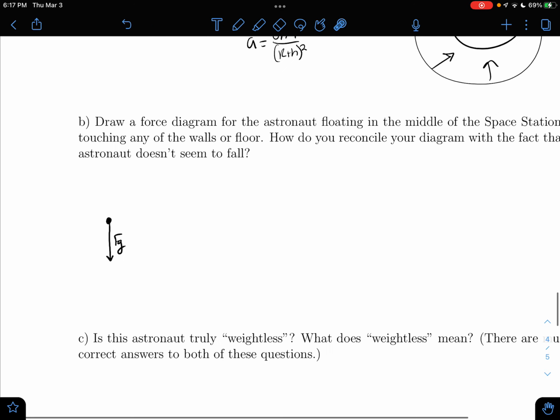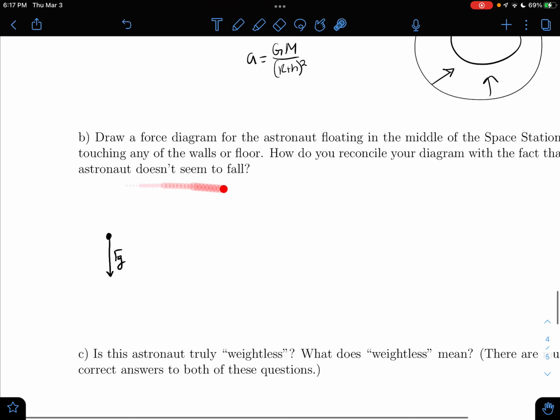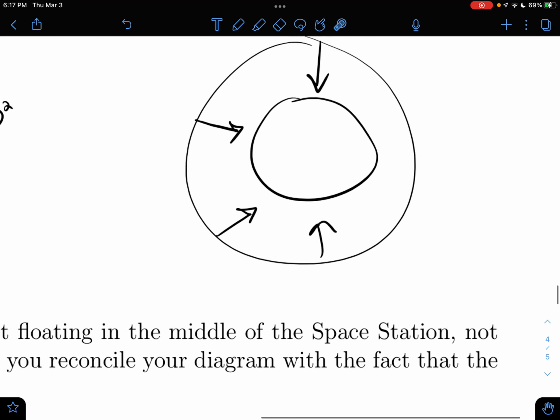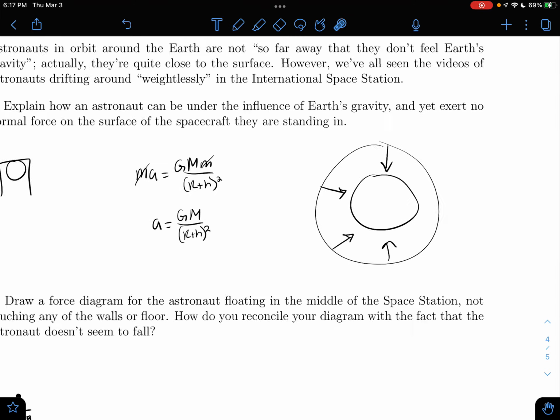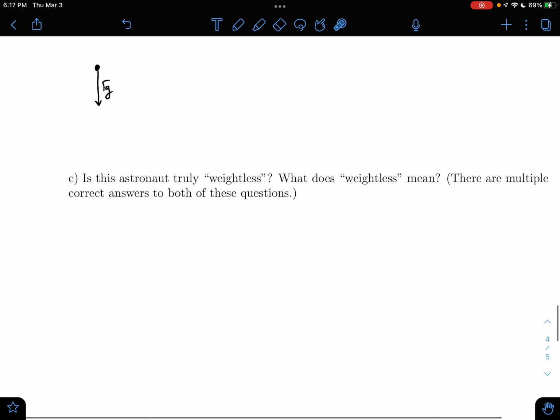And we said the astronaut doesn't seem to fall, but really the astronaut is falling. The astronaut is accelerating just from gravity, but the direction is changing as we go, so we're just going around in a circle. It gives us this circular motion.